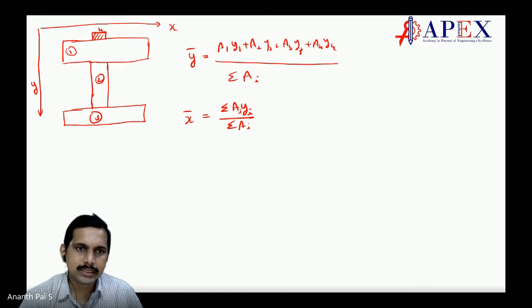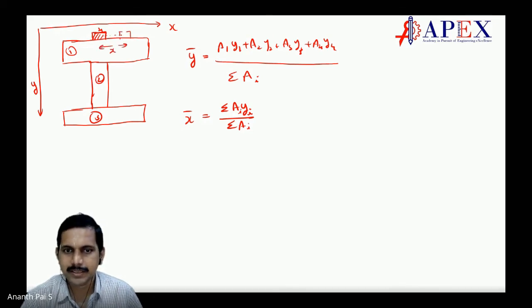Now in case I move this in this direction, I move this by x. Sorry, I move this by a small portion dx. What does it imply?